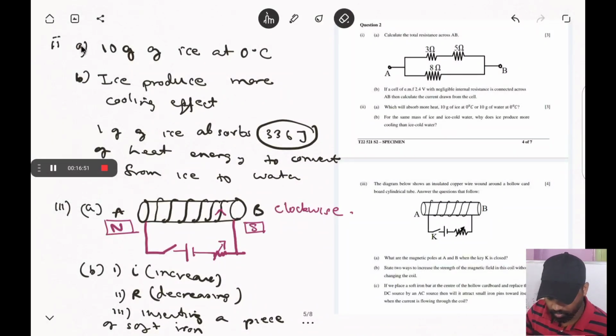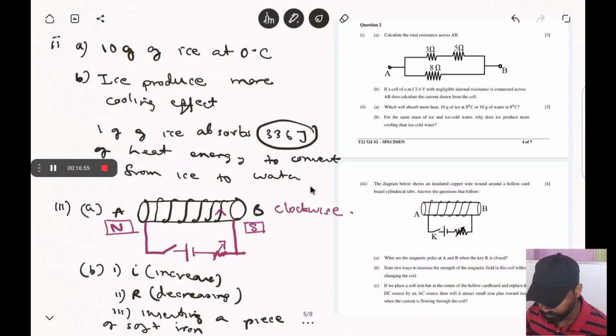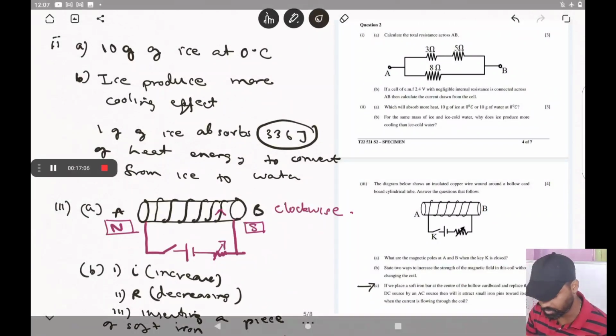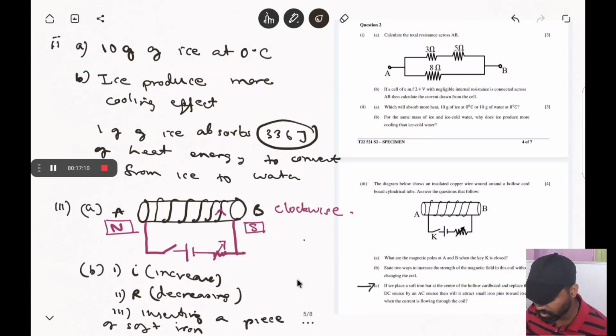Now look at one more part they have given. Number C. Look carefully. If we place a soft iron bar at the center of the hollow cardboard and replace the DC source by an AC source, then will it attract small iron pins towards itself when the current is flowing through the conductor?